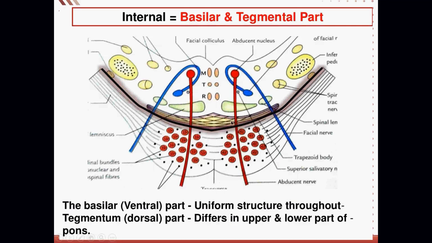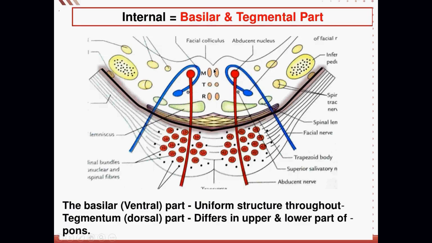Now the dorsal tegmental part contains the cranial nerve nuclei in the grey matter, and in the white matter it contains the tracts. In the central medial part, on each side, it contains the medial longitudinal fasciculus.